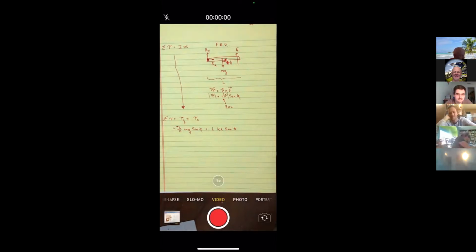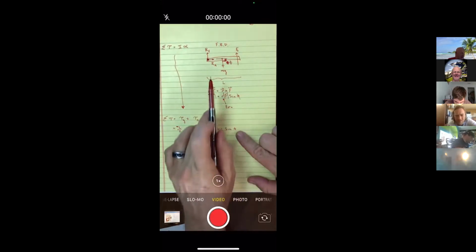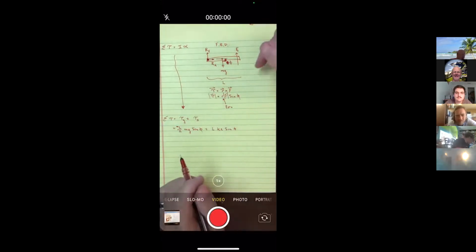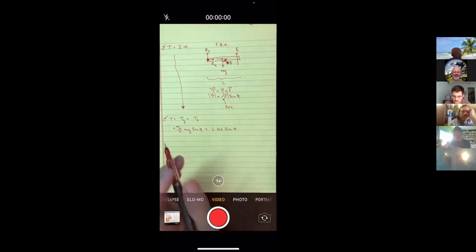Now, here's where some cleverness is going to come in. Oh, maybe I should do direction before I leave, but the spring's pushing up at, well, spring's kind of confusing because you pull down and it goes up and you pull back. So maybe what I should do is something like the following.